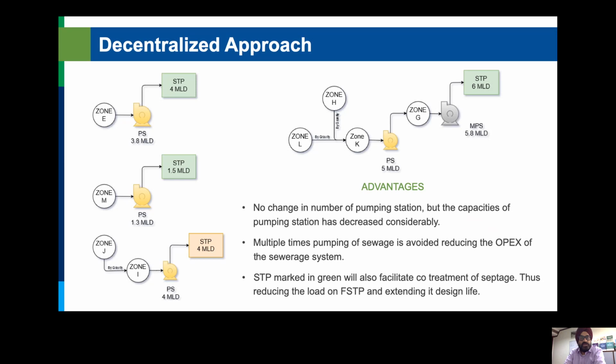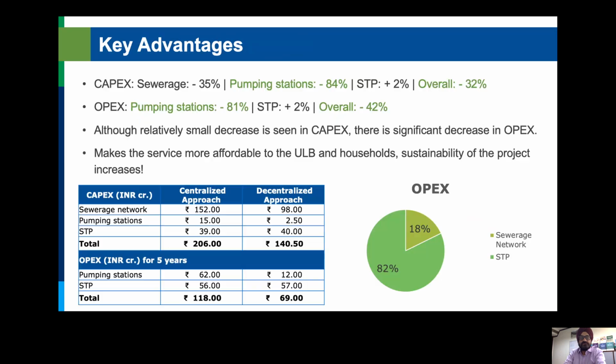Zones A and B were 2 decentralized STPs, and we suggested 4 more decentralized sewage treatment plants of smaller capacity. Essentially, this would reduce the pumping cost, and that was the major consideration for suggesting more decentralized systems.